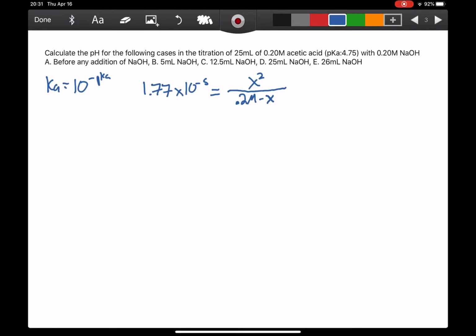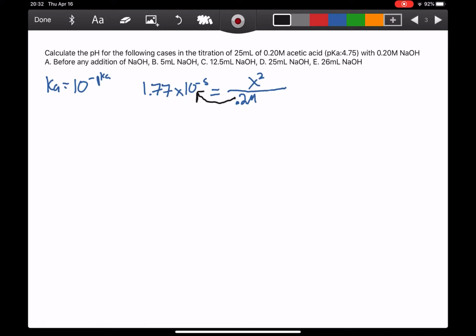So we don't actually need to worry about this X in the bottom here, which is a good thing because that means we don't have to solve the quadratic. So now we need to find X, which is going to be the concentration of hydronium, which then we can use to find the pH. So the first step is going to be to multiply this 0.2 out, and then after that we can take the square root of it.